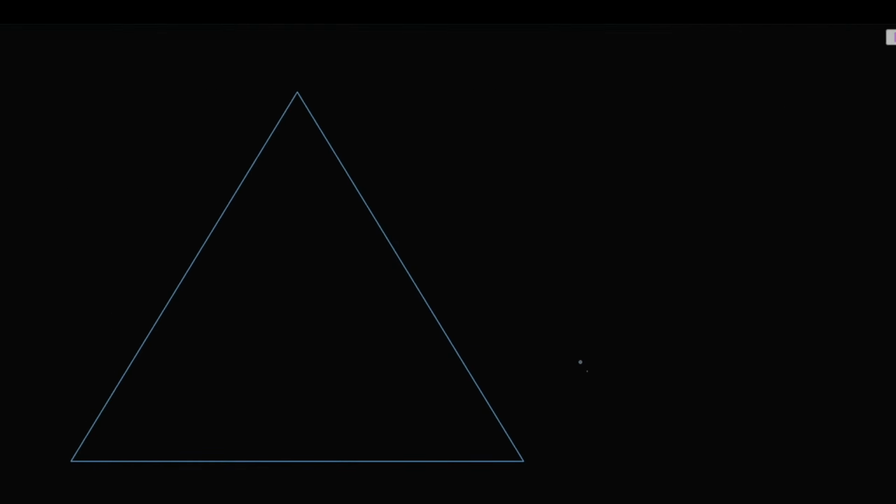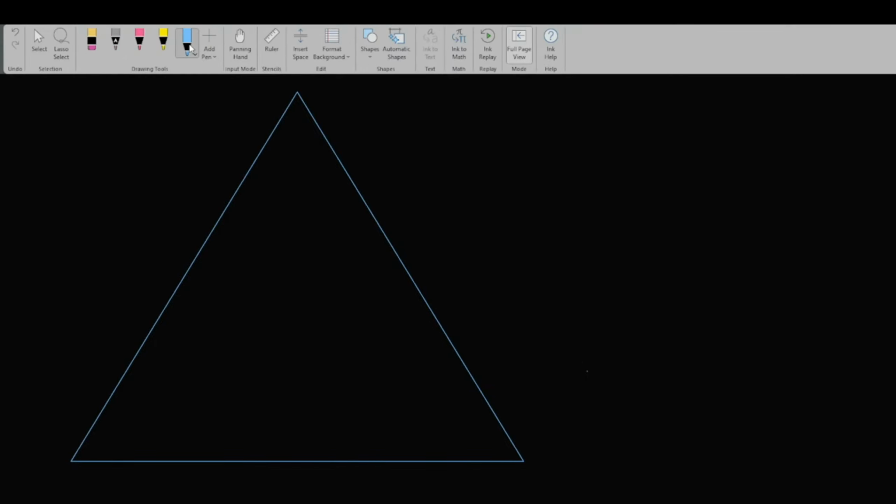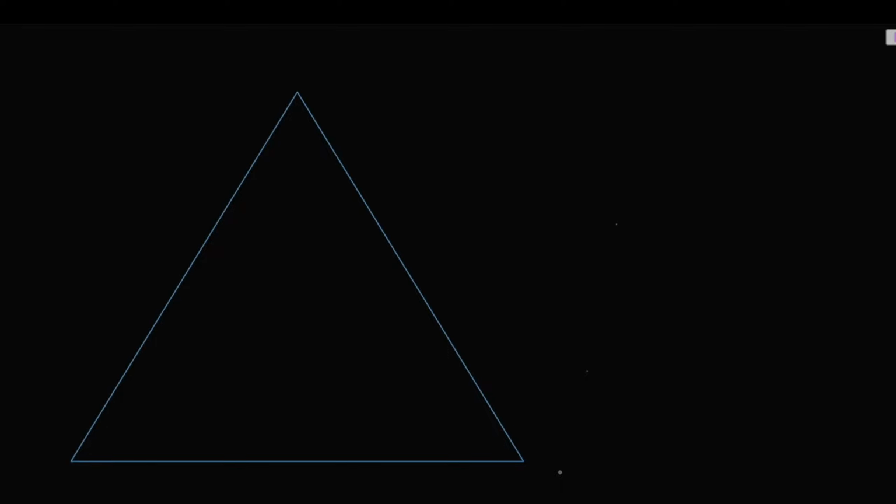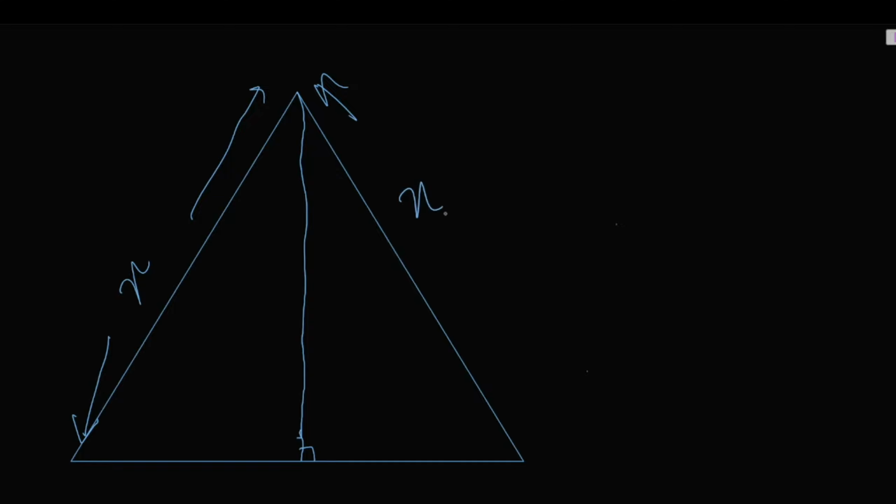Say this is your triangle, this is your equilateral triangle, right? So here I'm going to drop a perpendicular from here till here. So perpendicular, and this distance is how much? X. Since this is an equilateral triangle, this will also be x.